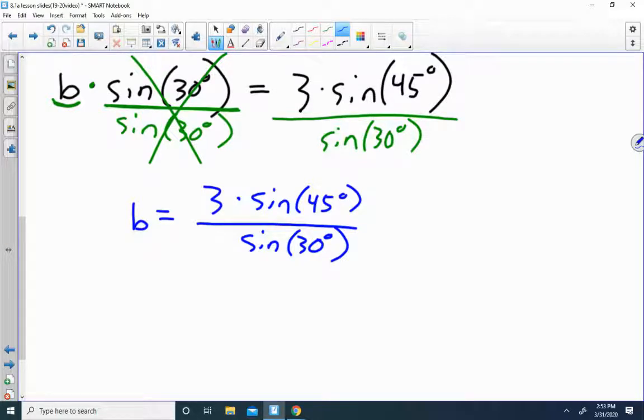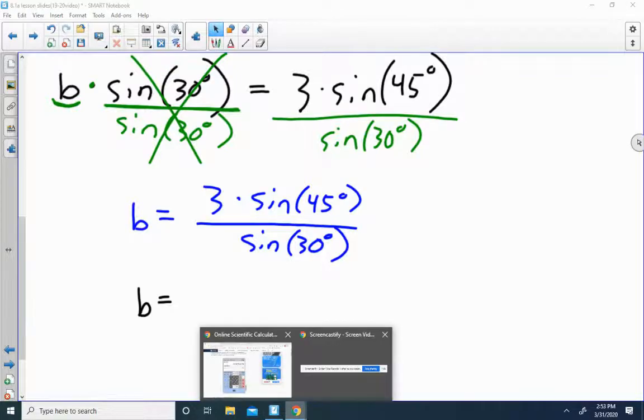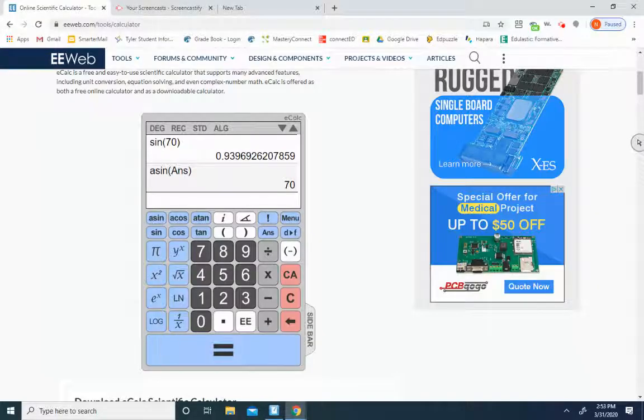But of course, you can't put that in the Hawks program. You're actually going to have to type that out, and you will get a decimal. So let's go ahead and see what that's going to be in the calculator. So 3 times sine of 45 degrees.